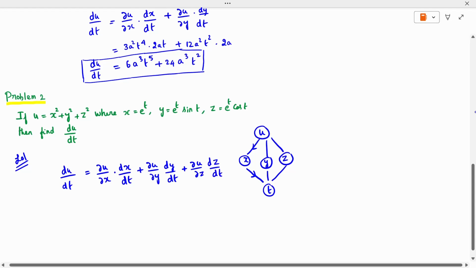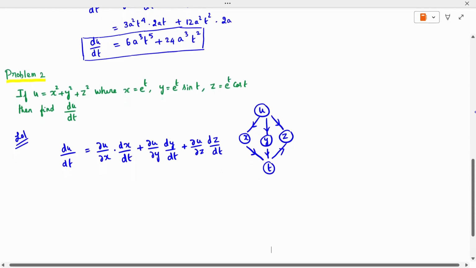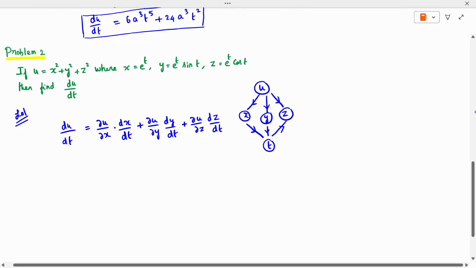Completed. Now all the variables I am going to calculate separately and substitute in the formula.